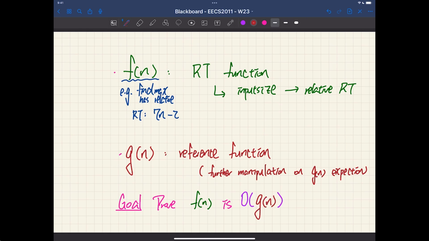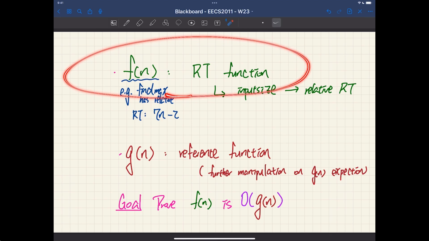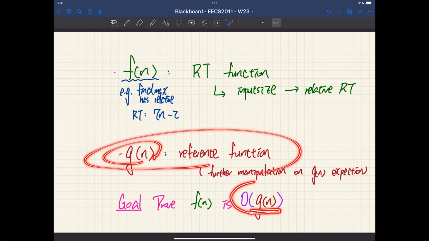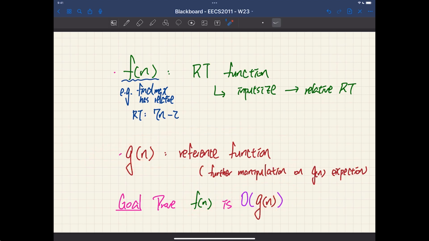That's a very quick summary of what we're going to do. But you really want to understand the big picture. Otherwise, you can easily get lost in the equations. Let me recap. Running time will be f of n. There will be some reference function g of n for which we want to prove that the family big O of g of n includes f of n. That's basically what we want to do.